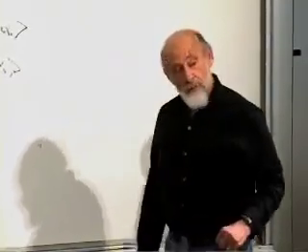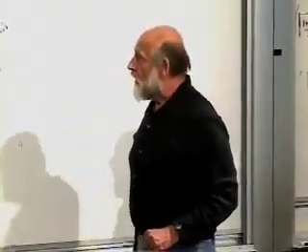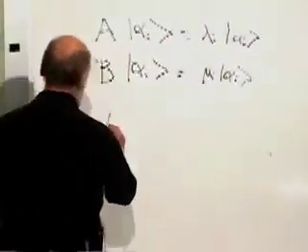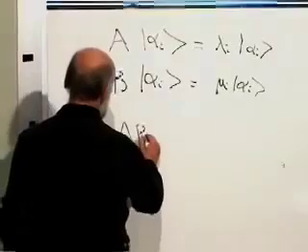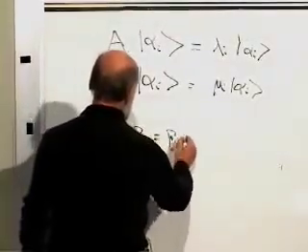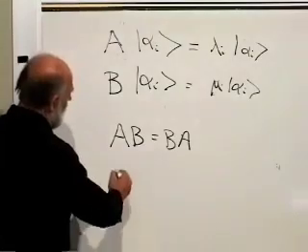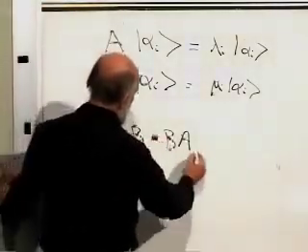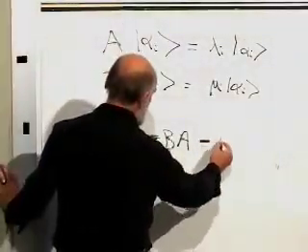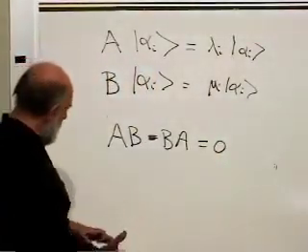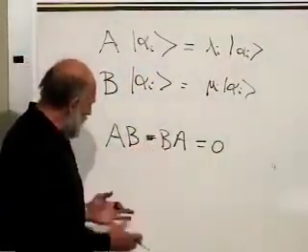And under those circumstances, there's a theorem that's a one-liner, as I said. It says that A times B is equal to B times A, or in mathematical terminology, AB minus BA is equal to 0. Remember, the order in which you multiply matrices is important.